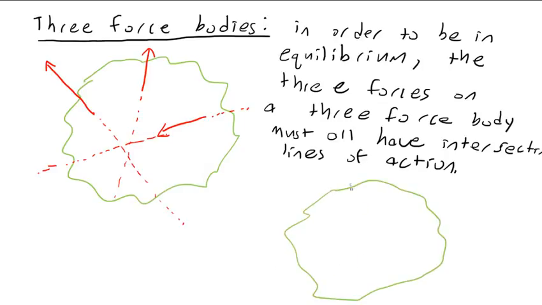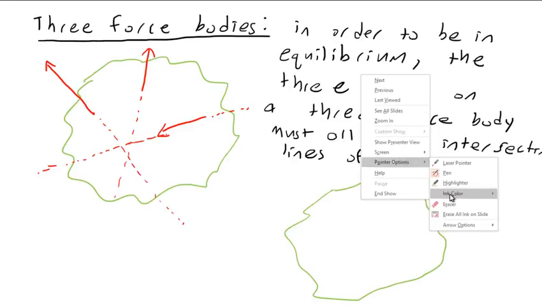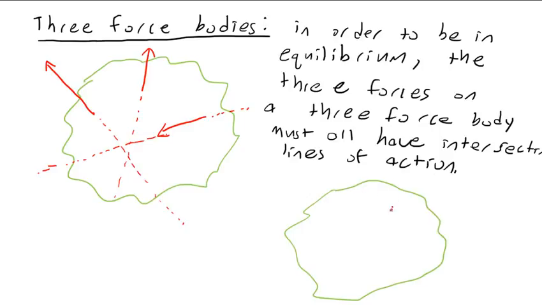For a real three-force body, all of the lines of action must meet at some common point. Now the three-force body doesn't say anything about the magnitudes of the forces.